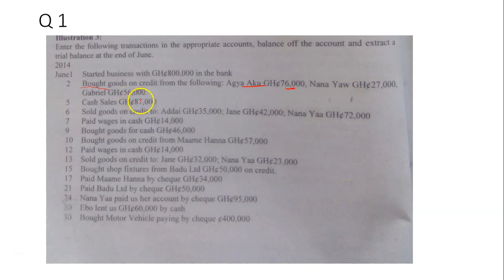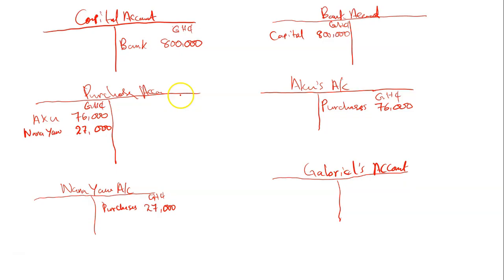It means that Gabriel's account is decreasing by 56,000. So we should credit Gabriel's account in the name of purchases. How much is it? 56,000 Ghana cedis. Then we debit purchases account in the name of Gabriel, 56,000.